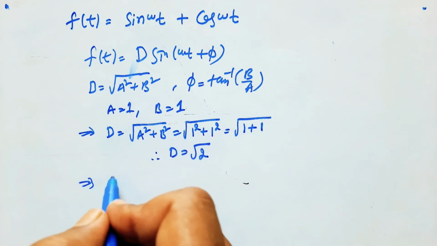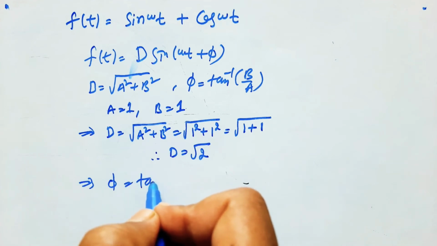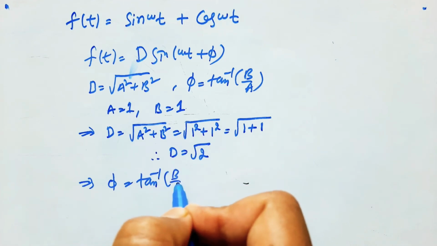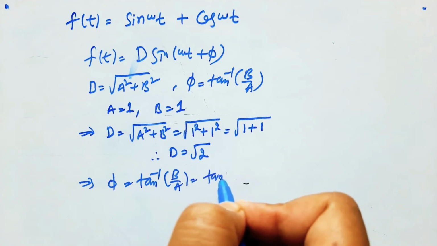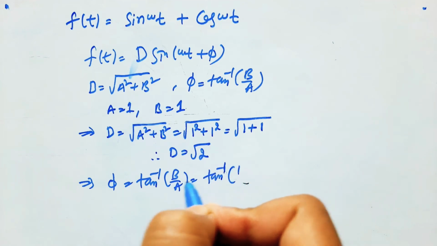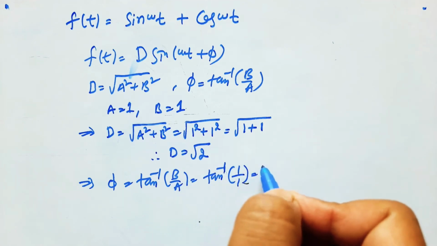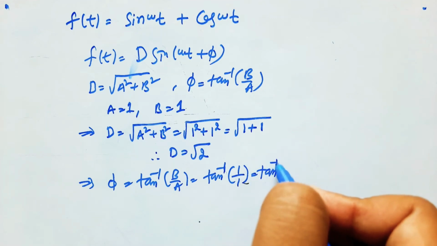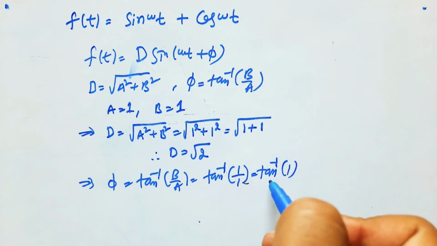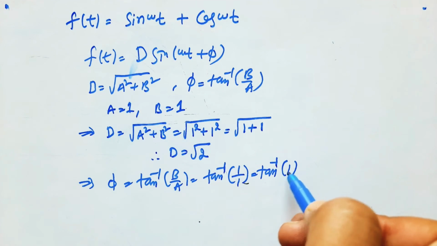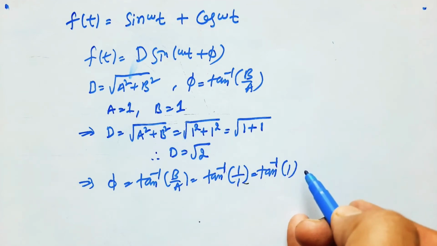What is phi? Phi is equal to tan inverse b by a, that is tan inverse of 1 by 1, which is tan inverse 1. Here tan 45 is 1, so tan inverse 1 is equal to 45 degrees.